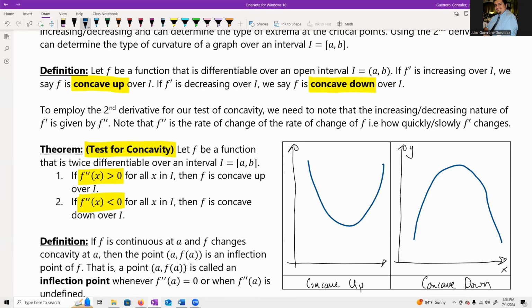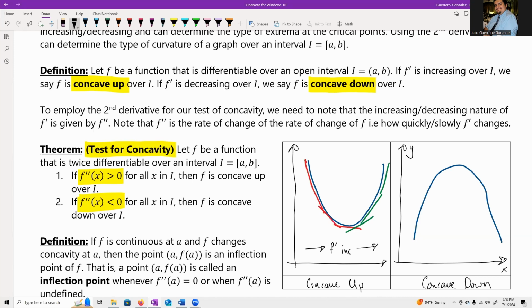So what I want to point out is this. Let's do concave up first. Notice that in a concave up section, the slopes before the minimum are negative, and then the slopes after it are positive. So as we go that way, f prime is increasing. The slopes in this section of a concave up graph are going from negative values to positive values.